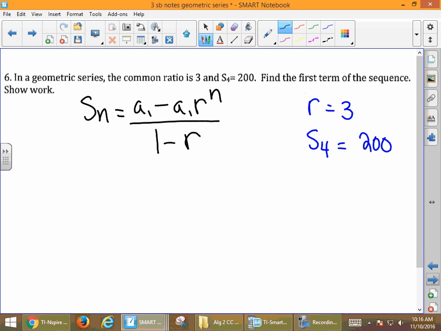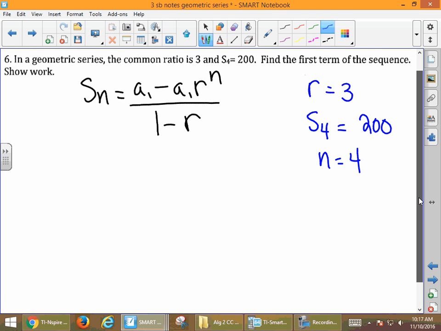What does n equal in this problem? You should be able to show me on your fingers. N is 4 in this problem. So we're going to have to work backwards here because we want to find the first term. We don't know what A sub 1 equals.